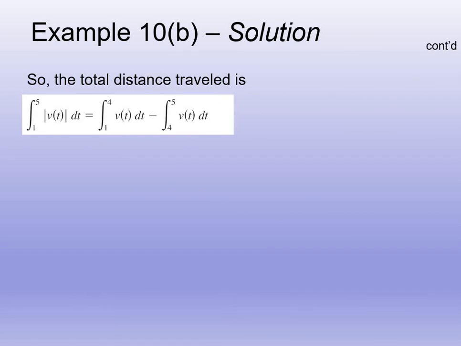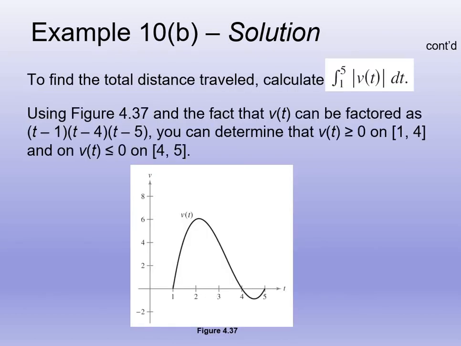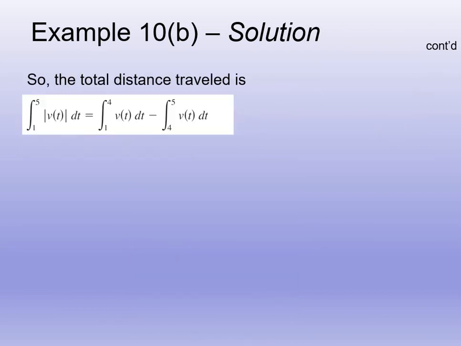So the total distance traveled is the integral from 1 to 4 of v of t, that's the positive piece, and then we have to do the opposite of the integral from 4 to 5 of v of t because it's negative area there. Stepping back and looking at the graph, 1 to 4 is positive area, 4 to 5 is negative area. So we have to account for that, and that's why we subtract that second integral, so that the sign comes out positive, because that area from 4 to 5 is negative.